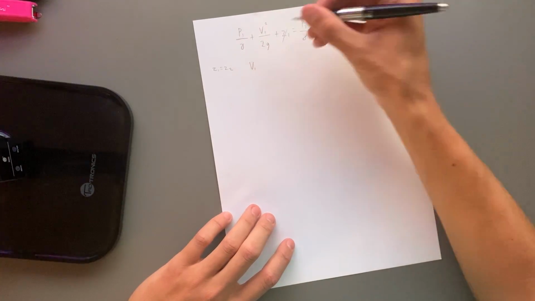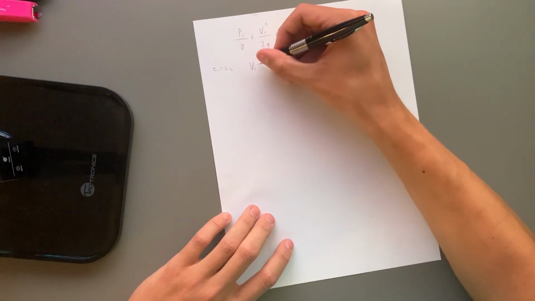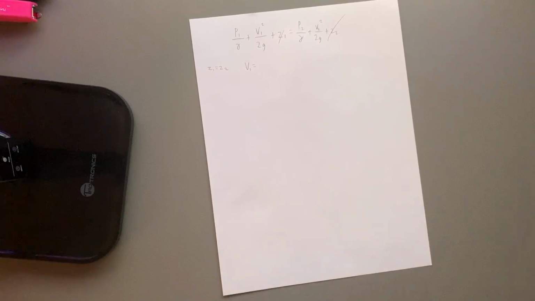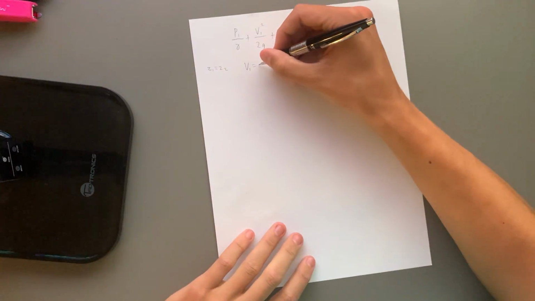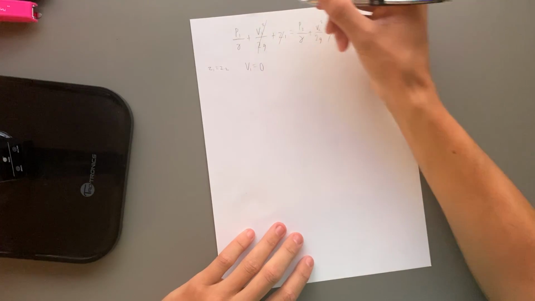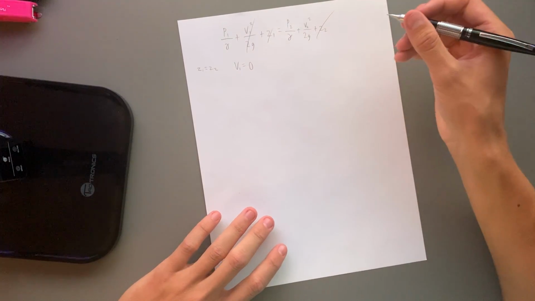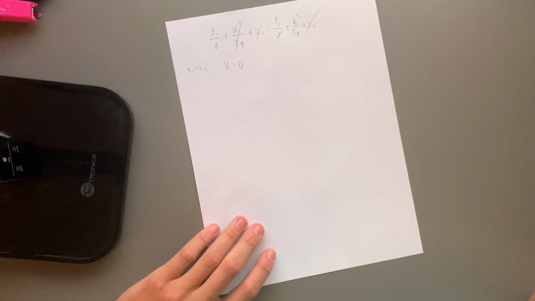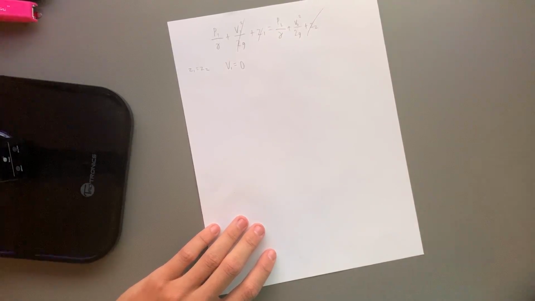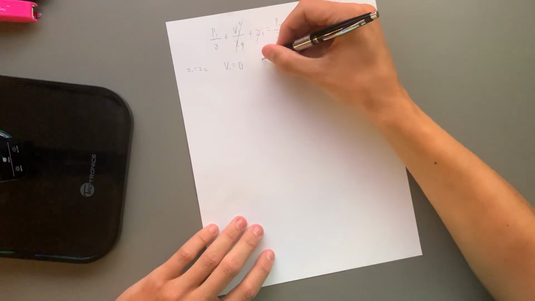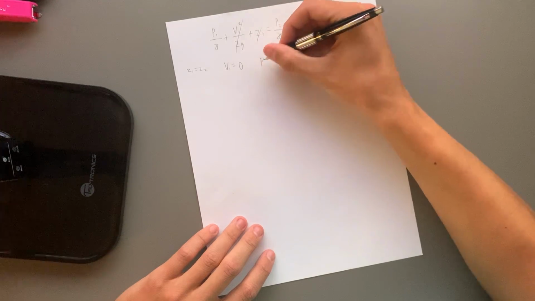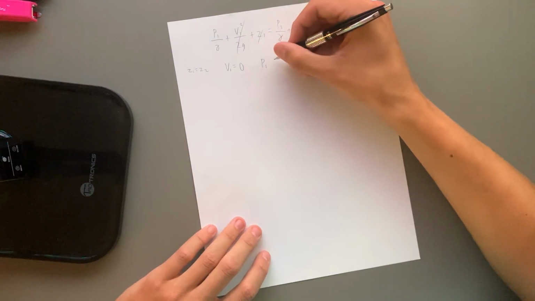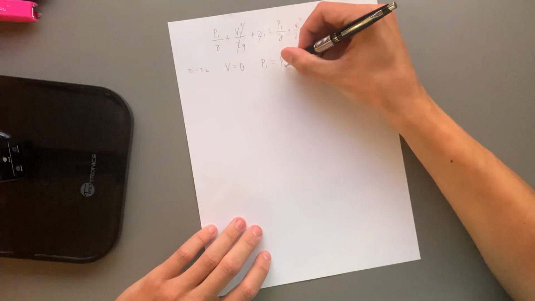Our v1, we are going to relate to our u for x, and that is going to be 0, so that goes away. So we're canceling things out. In our problem, it shows us that P equals P naught, so we're going to change that. So P1, which would be our P, equals P naught.